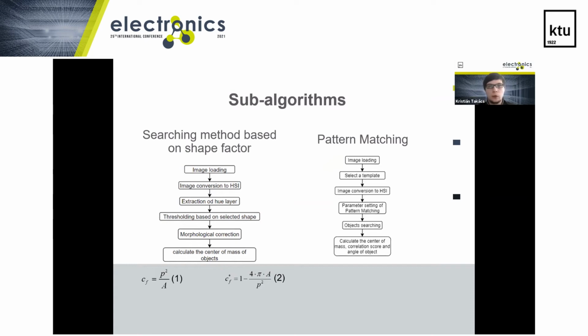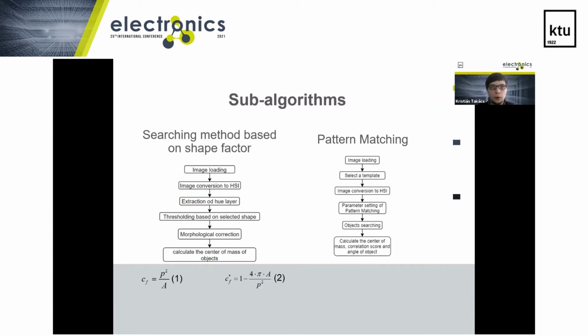The left side of the screen shows a block diagram of the searching method based on the shape factor subalgorithm. The subalgorithm first converts the image from the RGB space to HSI and extracts the intensity layer, which contains the information about the presence of objects in the image. Then the normalized compactness is calculated for each object in the modified image.